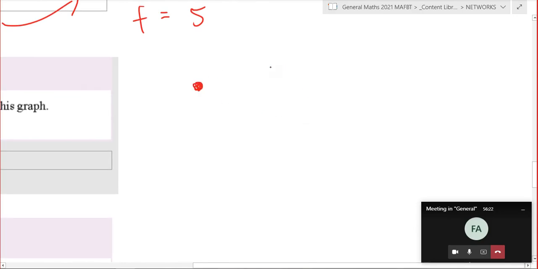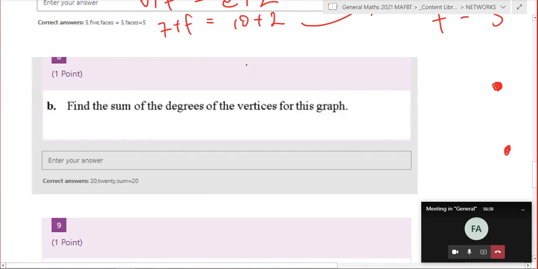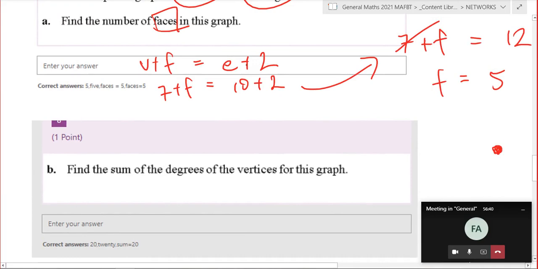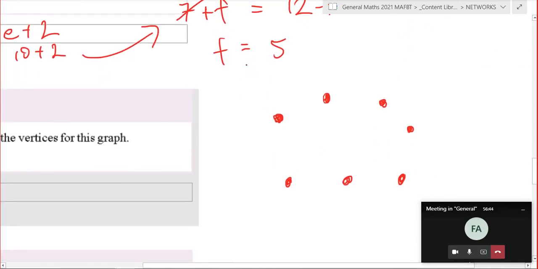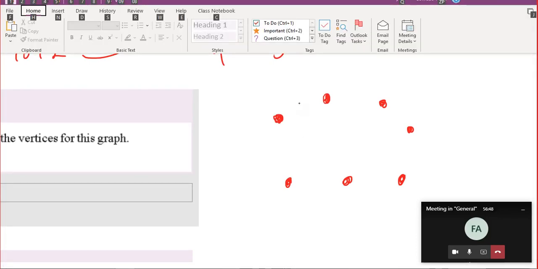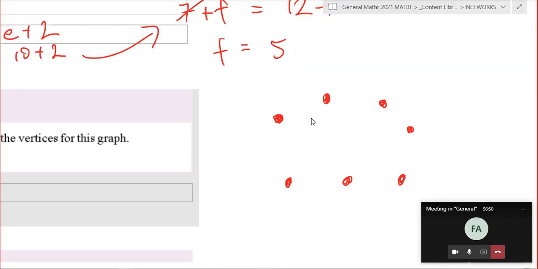Yeah, 7 vertices, 3, 4, 5, 6, 7. And here you've got 10 edges to work with, and you have to have 5 faces. Let's see if we can do this. Again, I've seen this question in a CFAT or the SAC before.